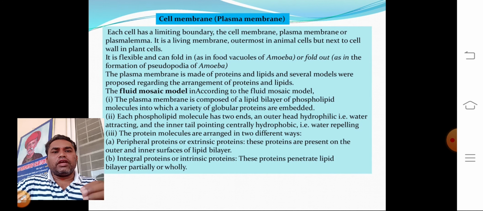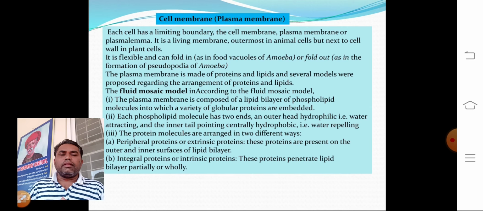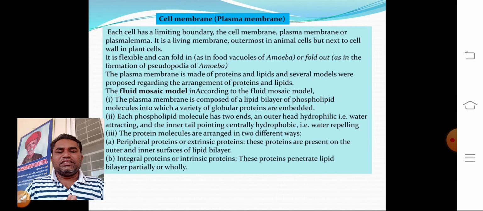This fluid mosaic model of the plasma membrane was given by Singer and Nicholson. According to the fluid mosaic model, the plasma membrane consists of a bilipid layer. Plasma membrane consists of how many lipid layers? Bilipid layer.